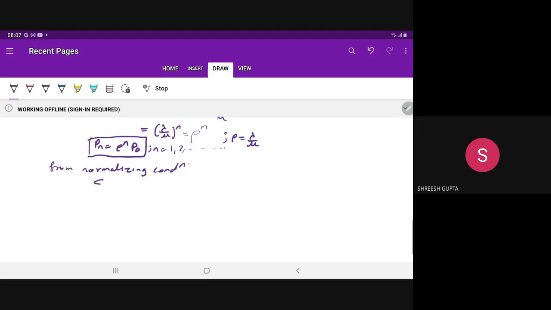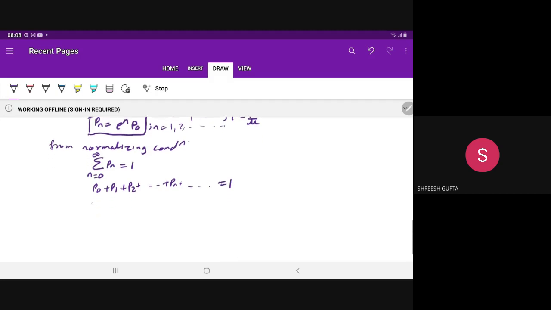We know that the sum of Pn for n equal to 0 to infinity is equal to 1. This can be written as P0 plus P1 plus P2 plus and so on plus Pn equal to 1. If you take P0 common, inside we have 1 plus rho plus rho square plus up to rho to power n, equal to 1.